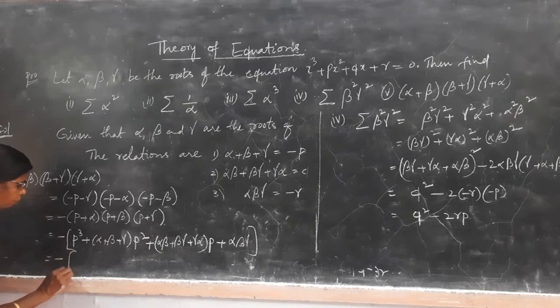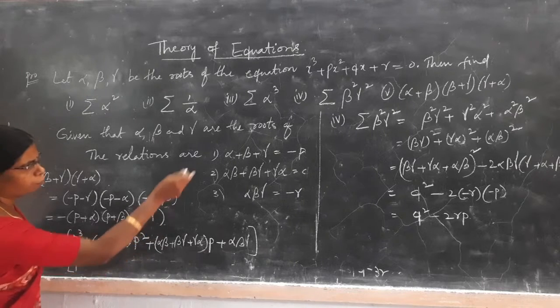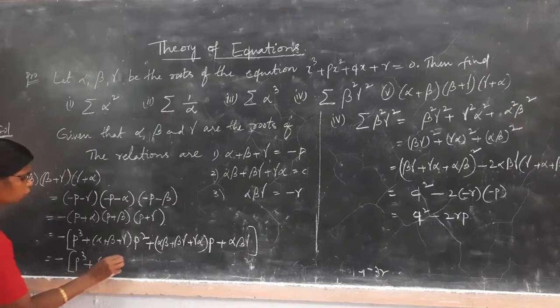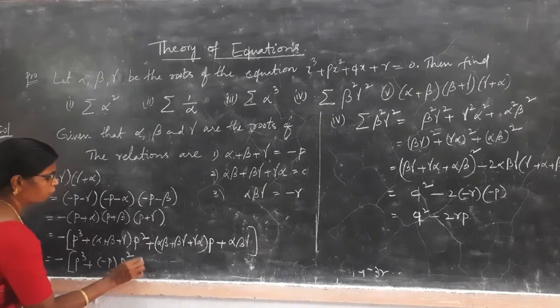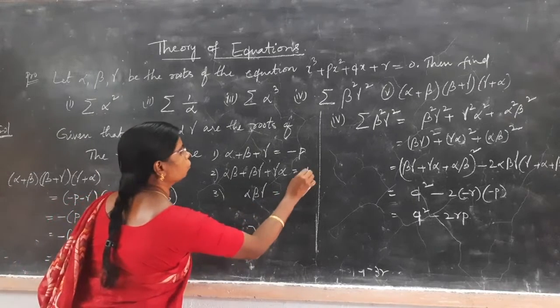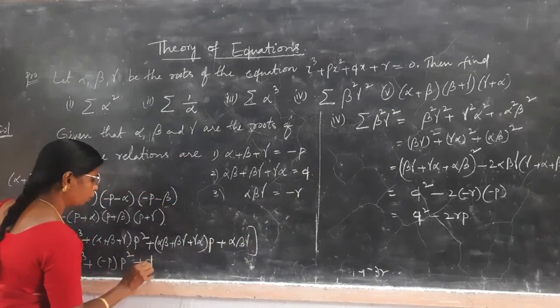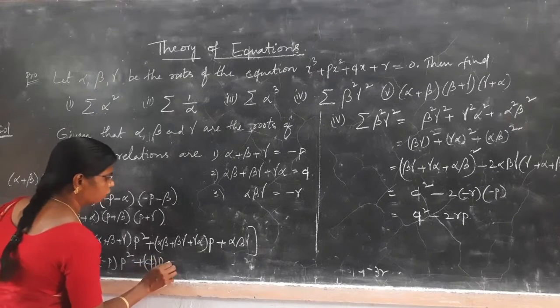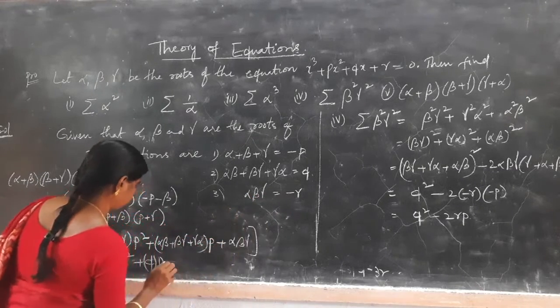Minus p cube, what is this? Minus p plus minus p into p square, plus this is q, so this is q into p, plus alpha beta gamma is minus r.